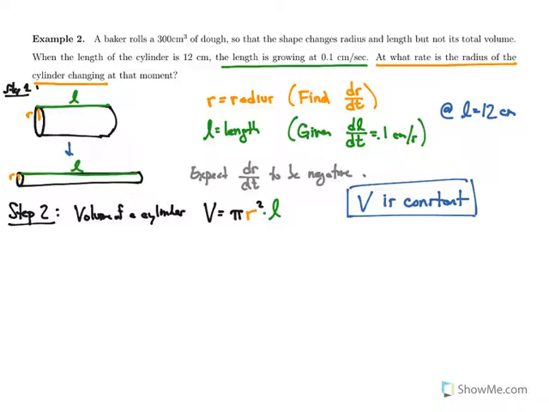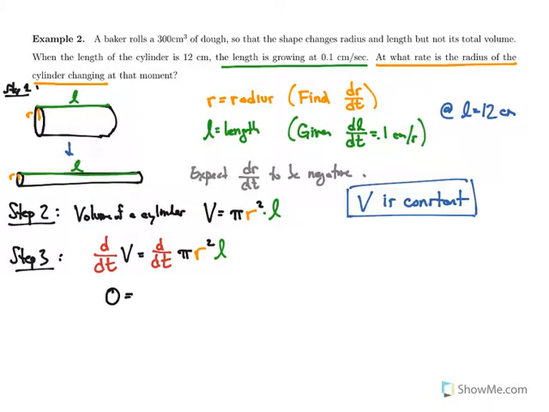So here we go. Step three, take the derivative. We have on the left the derivative with respect to t of V, and on the right, the derivative with respect to t of pi R squared L. So it may be tempting to write dV/dt on the left, but V is just a constant, and the derivative of a constant is just 0.